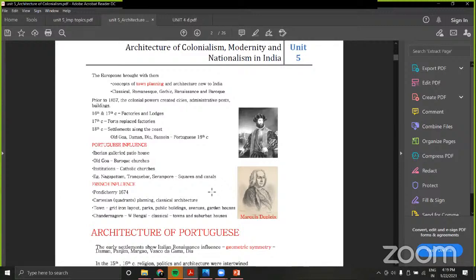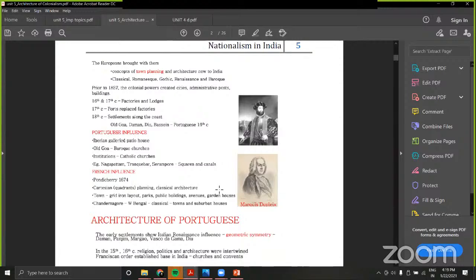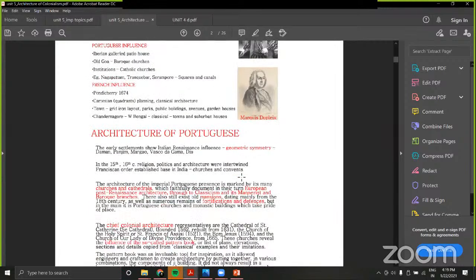Then came the French influence, in Pondicherry, around 1674, with a gridiron city layout, parks, public buildings, avenues, garden houses, and classic towns and suburban houses. After the French, then came the British. We will see all these one by one.